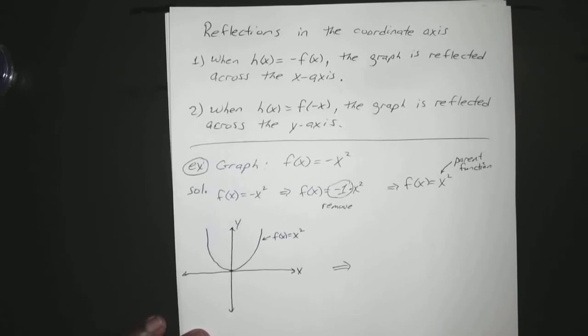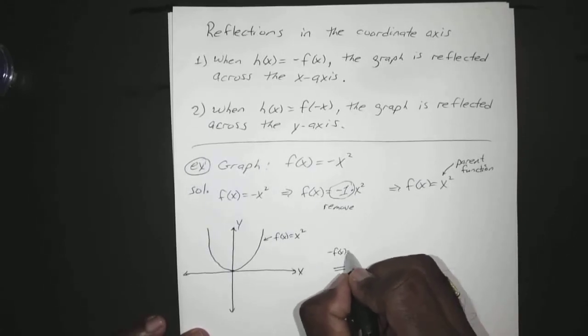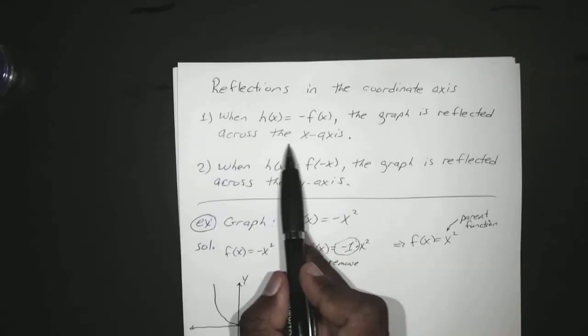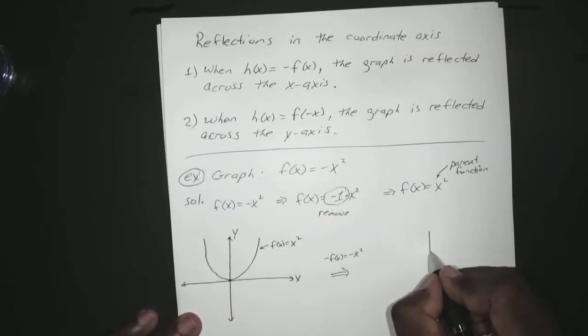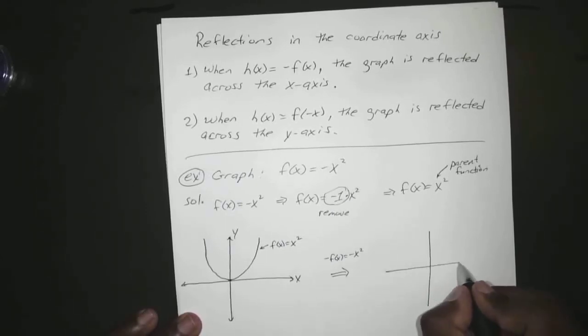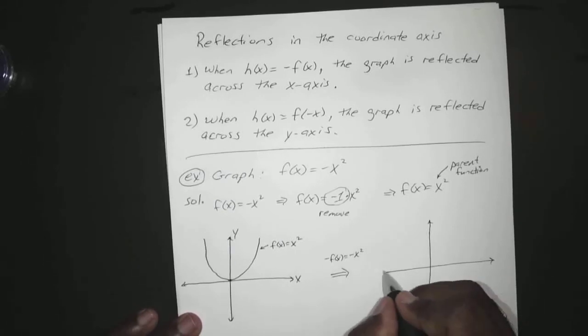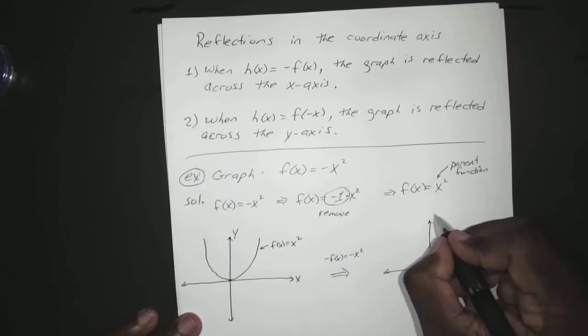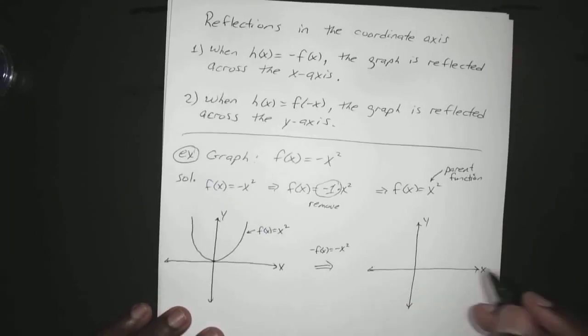Okay. Now you put a negative on both sides, you have negative f of x equals negative x squared, then that's going to reflect across the x-axis. Okay, so if we kind of give a dotted, straighten that up a little bit.